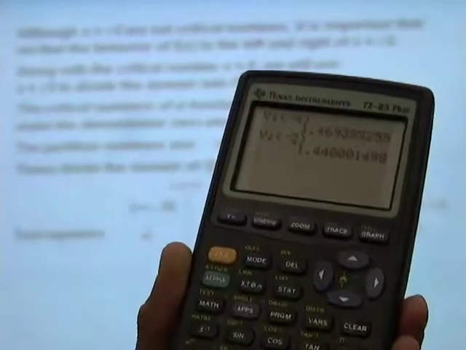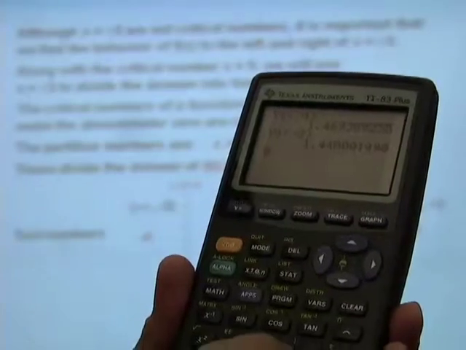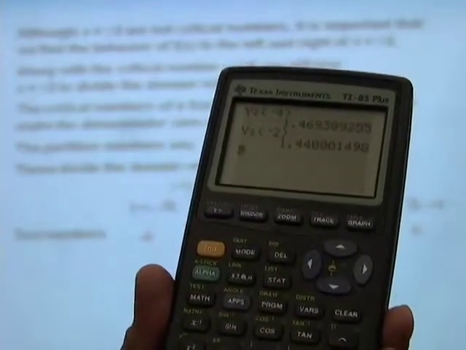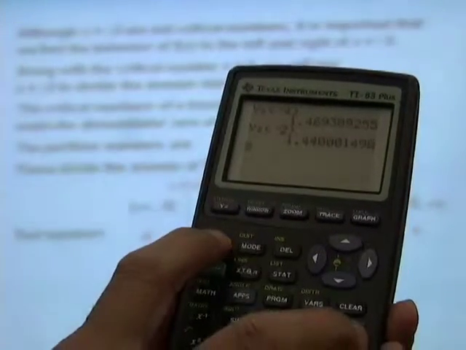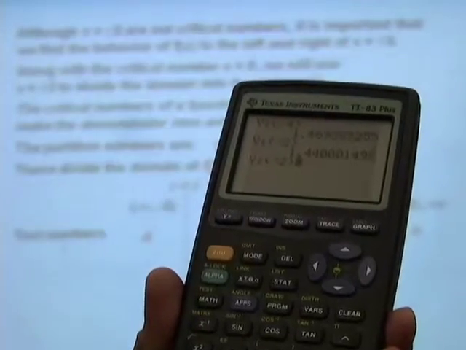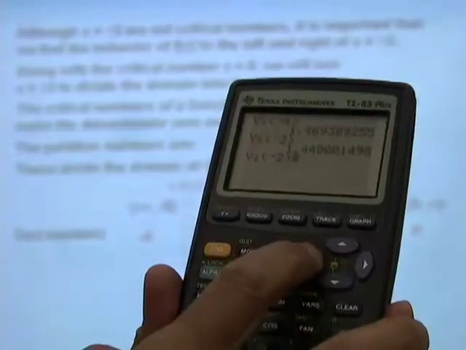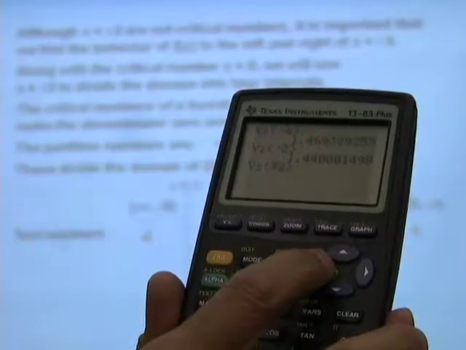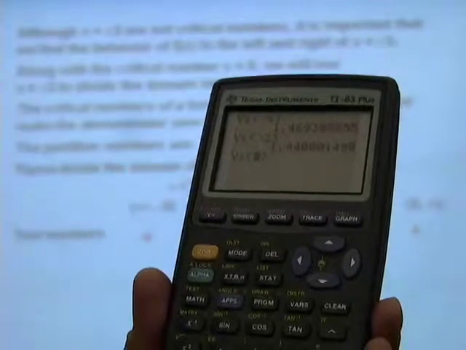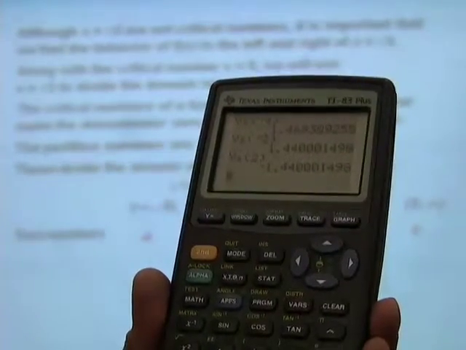All right. Now our next number is 2. And I think we can manage it on the screen without going back. If you press second enter, you notice that the earlier entry is brought back. And if you scroll back into it and delete that negative, now you have y2 of 2, and that is negative.